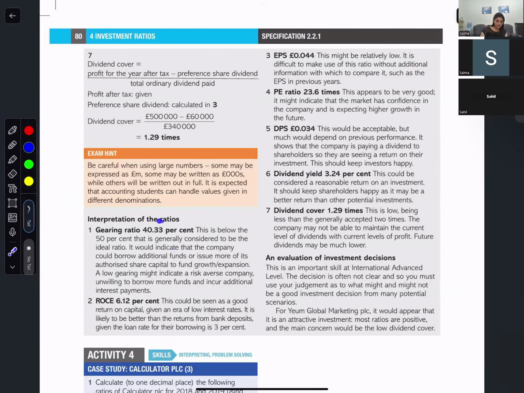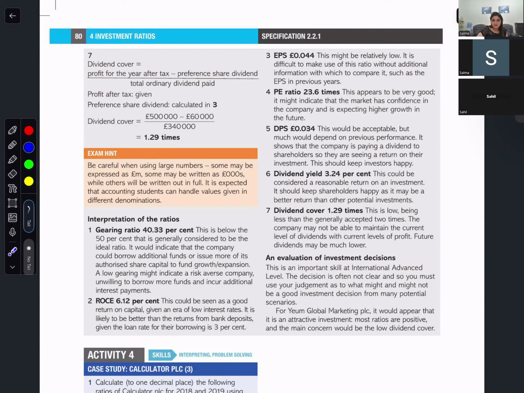You have a gearing ratio of 40.33%. It tells you about your borrowing. If it's below 50%, you still have the ability to borrow additional funds.